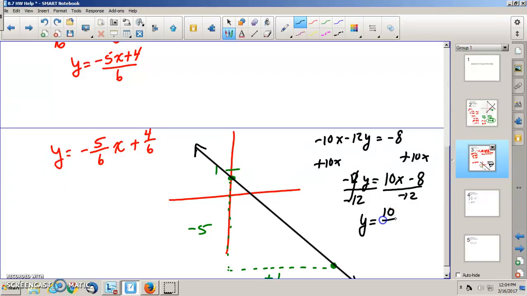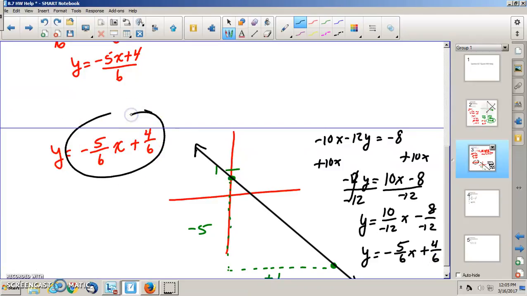So we have 10 over negative 12x minus 8 over negative 12, which if you reduce this, it'll become negative 5 over 6x plus 4 over 6. And notice, they're the exact same equation.